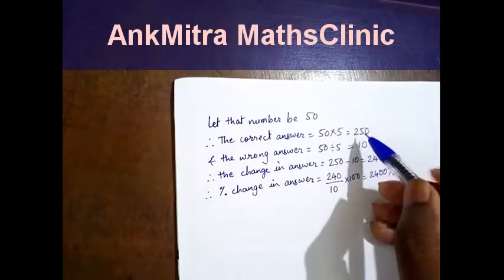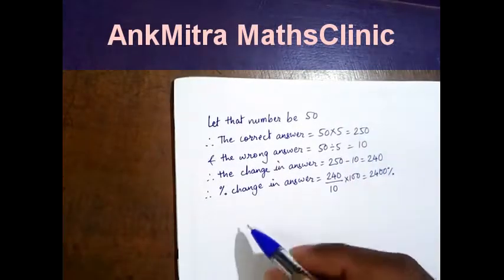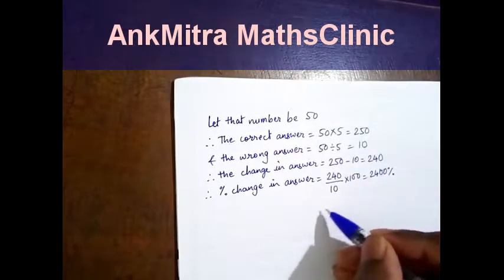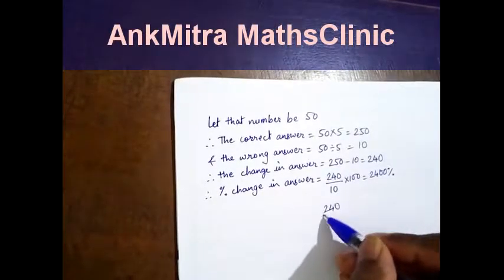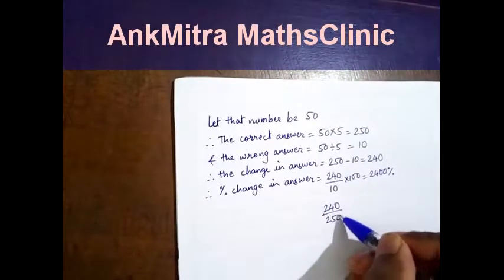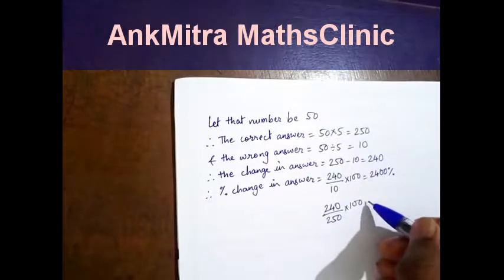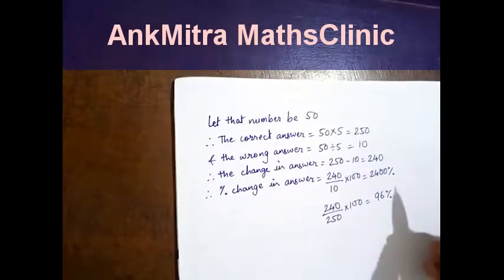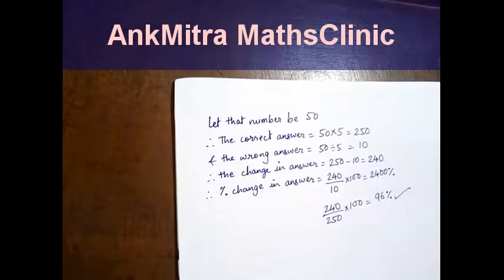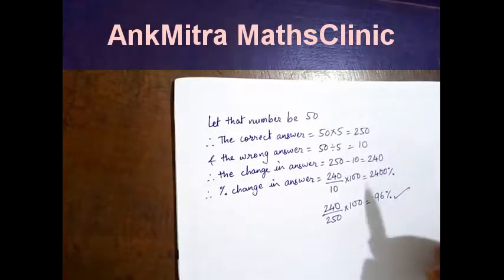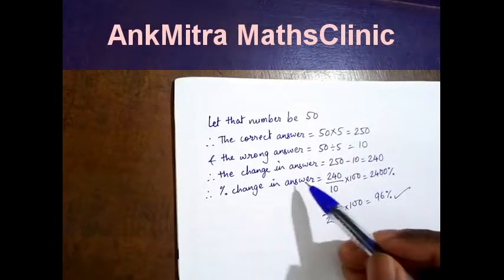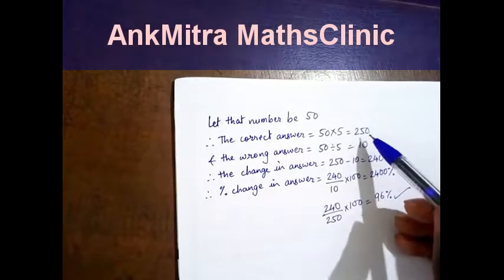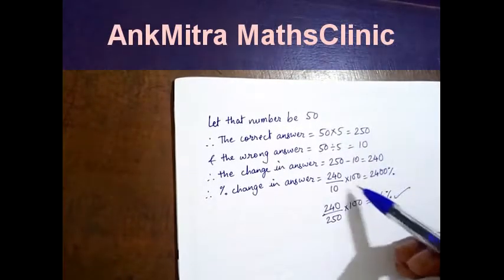And if we compare it with the correct answer, the percentage change in answer would come to 240 upon 250 multiplied by 100, which will come to 96%. I think this will be the more appropriate way to compare, because we can always compare the error or the change in answer with the correct answer instead of with the wrong answer.